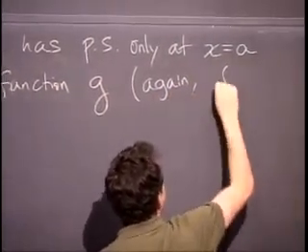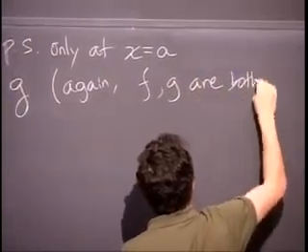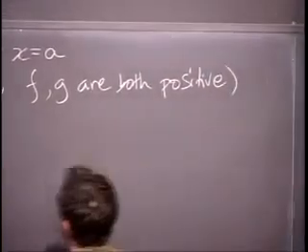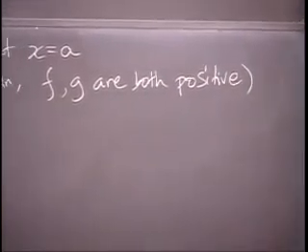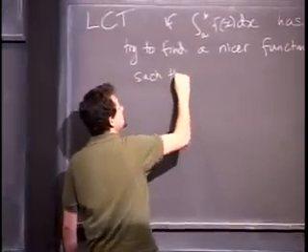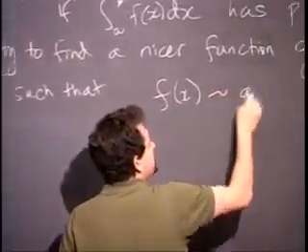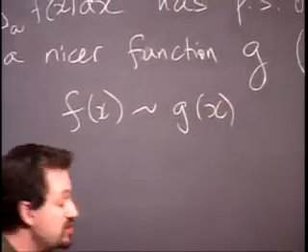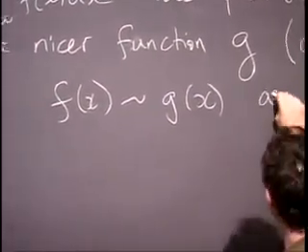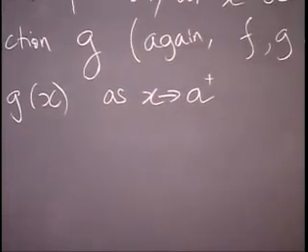Again, f and g are both positive in this. Otherwise, you have to do something else, and I'll tell you what that is later. So you try to find a nicer function g such that f behaves like g, or is asymptotic to, twiddle, g, as x goes to the problem spot.